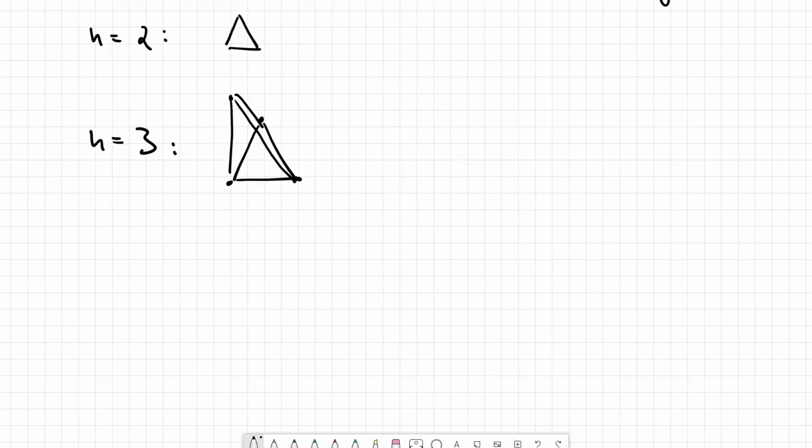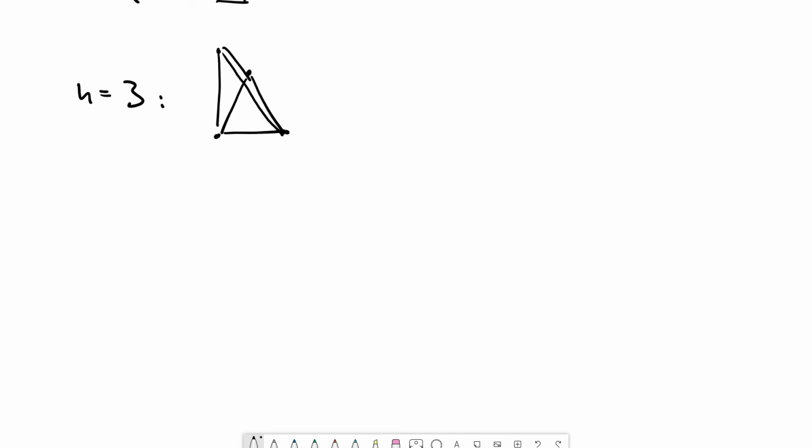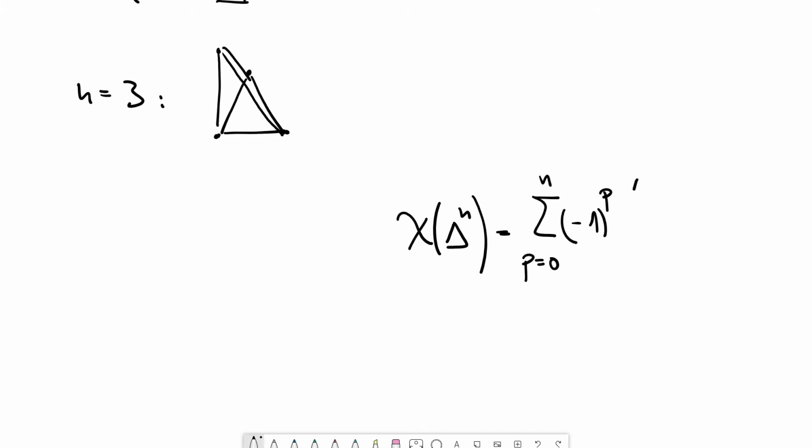And therefore, the number of these cells is a binomial coefficient. So we get a complicated sum here. So again, for the number of p cells, we choose an arbitrary subset of p plus 1 vertices among all vertices, and there are n plus 1 vertices.